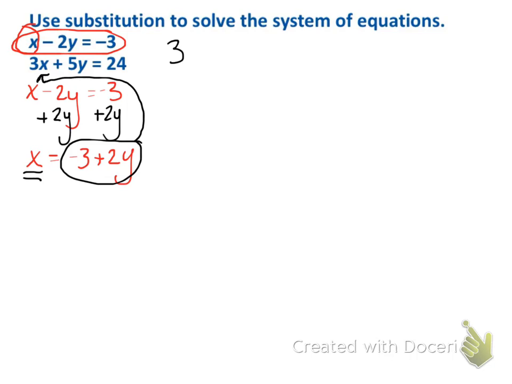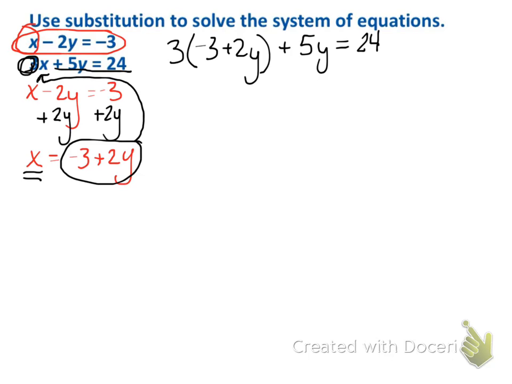So it's going to give me 3, whatever x is, negative 3 plus 2y. Notice I put that all in parentheses because we're going to have to distribute that 3 and continue writing that equation, plus 5y equals 24. So there's a lot more math to do in this one. We got to distribute first. That gives us negative 9 plus 6y plus 5y equals 24.